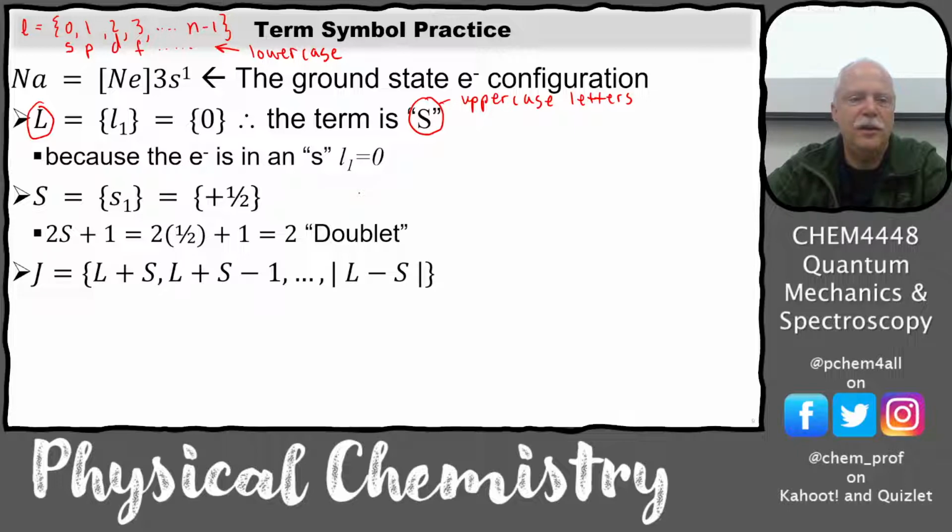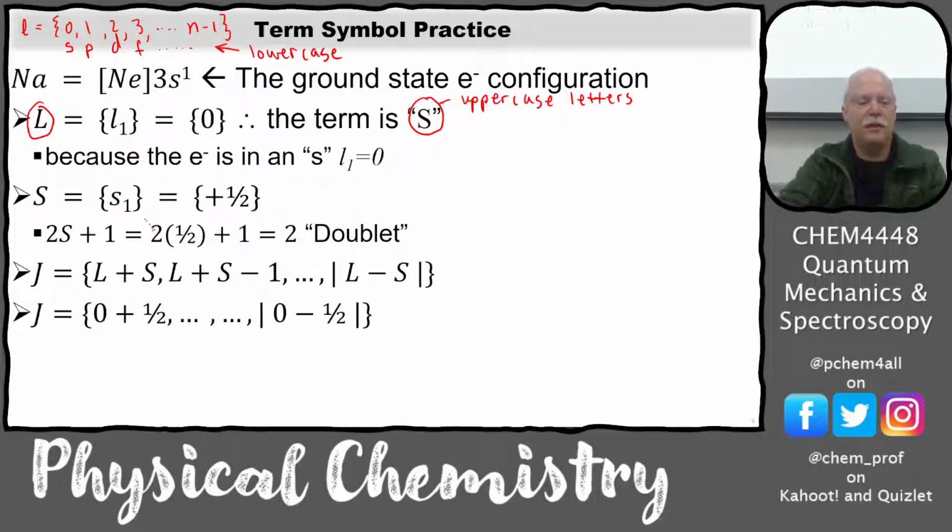Now we do the total angular momentum quantum number where we add in L plus S and L minus S. So we calculate the minimum first. So we have 0 here and 1/2 there. So this is going to be 1/2. And then we get down here to 0 minus 1/2. And then these 2 little things right here are really important. This is absolute value.